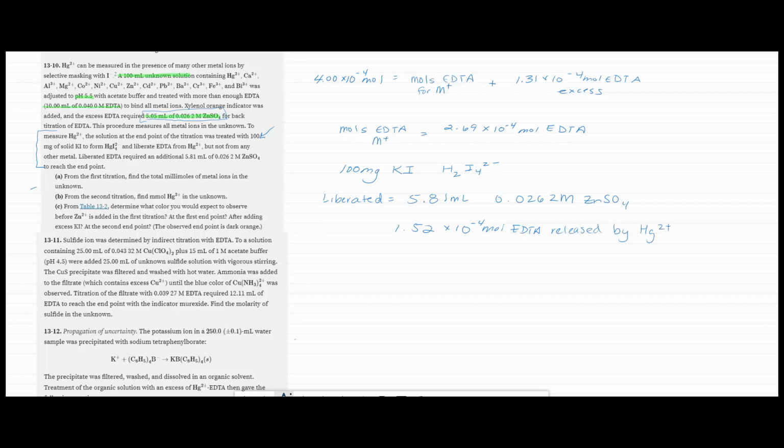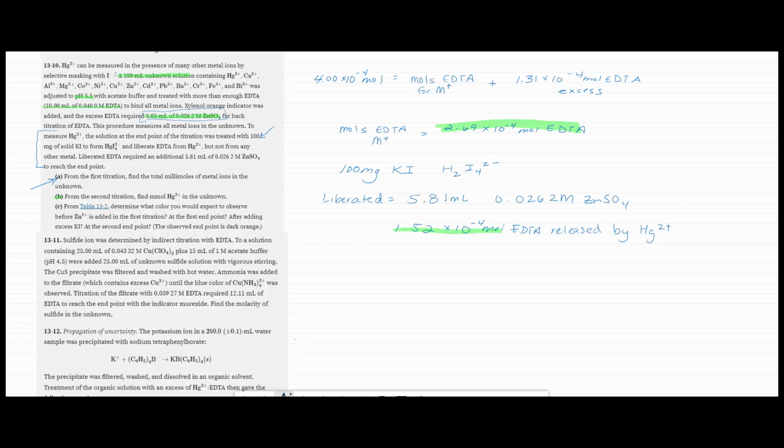So in question A, from the first titration, find the total millimoles of metal ions in the unknown. Well, that's going to be equal to this value, the 2.69 times 10 to the negative 4. In B, from the second titration, find the millimoles of mercury in the unknown. Well, that's going to be equal to this value. Now, I calculated moles. They would like millimoles.